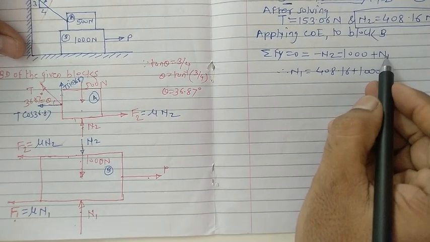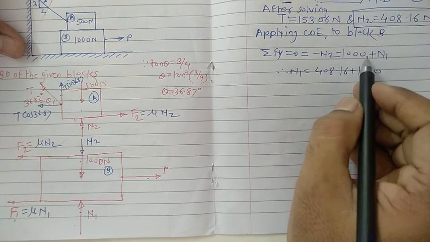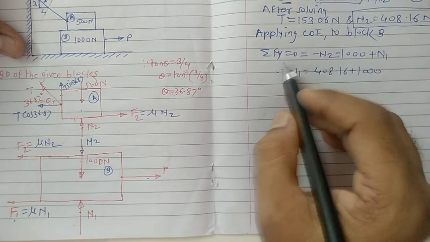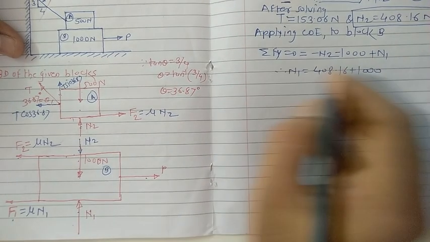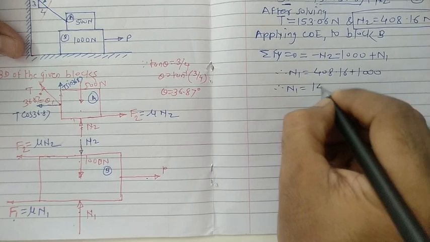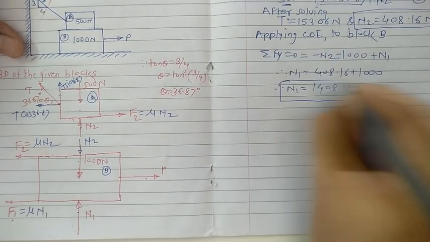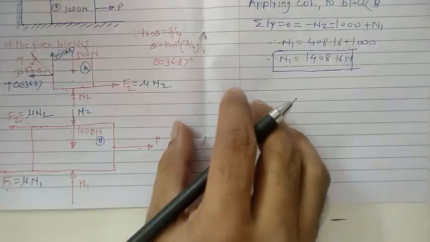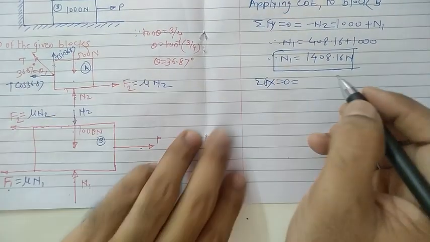If I take this N1 towards one side and the other term towards the other side, automatically the sign will change. So in this case, we get the value for N1 as 1408.16 Newton.